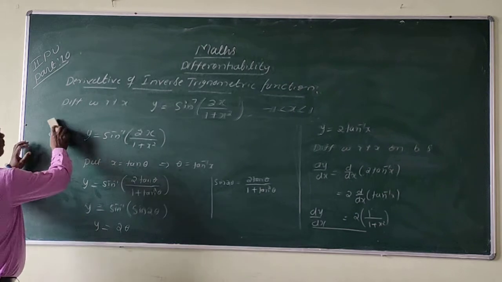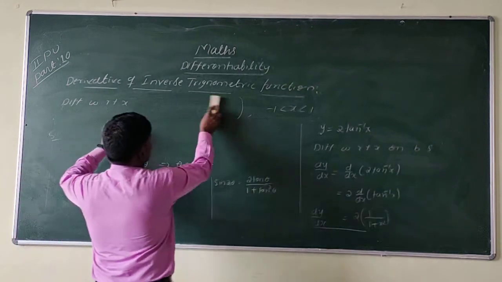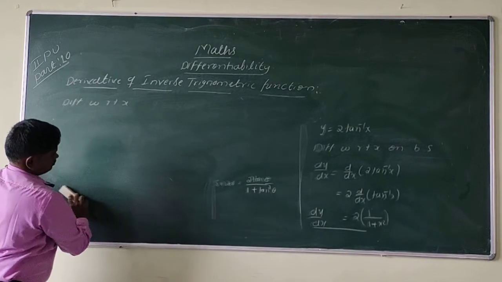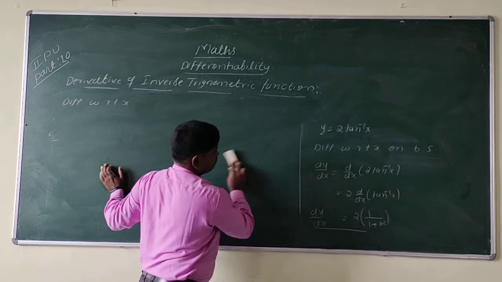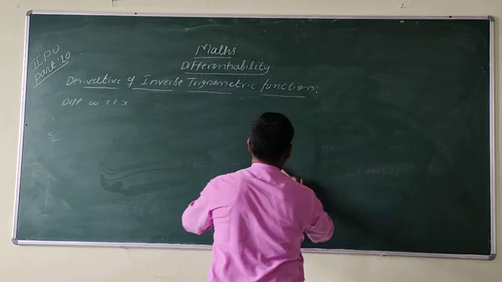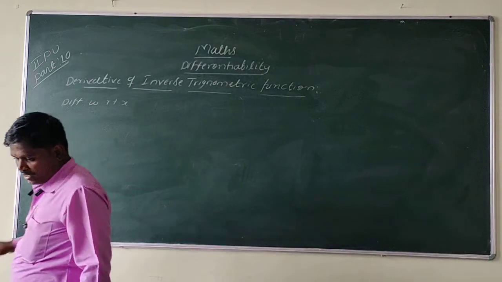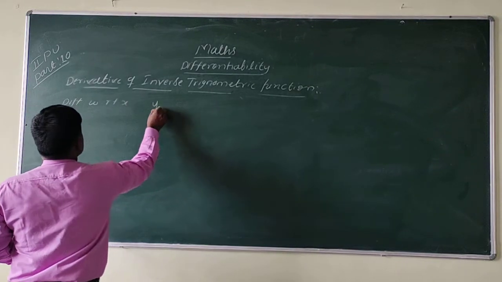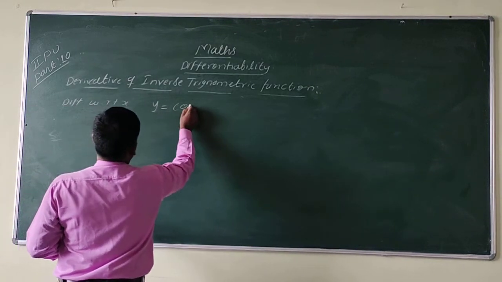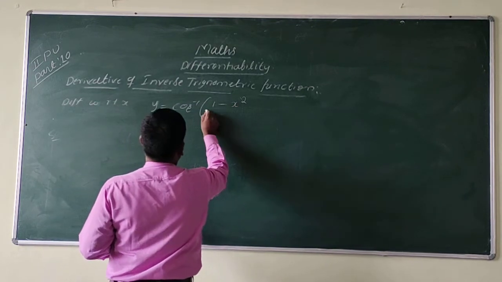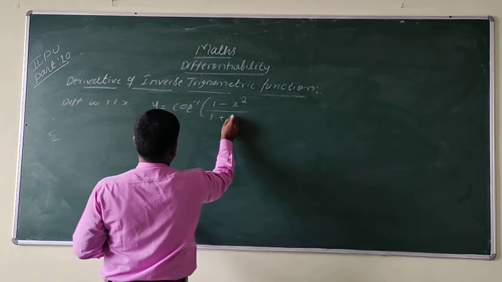Now the next problem: find the derivative of y is equal to cos inverse of 1 minus x square divided by 1 plus x square.